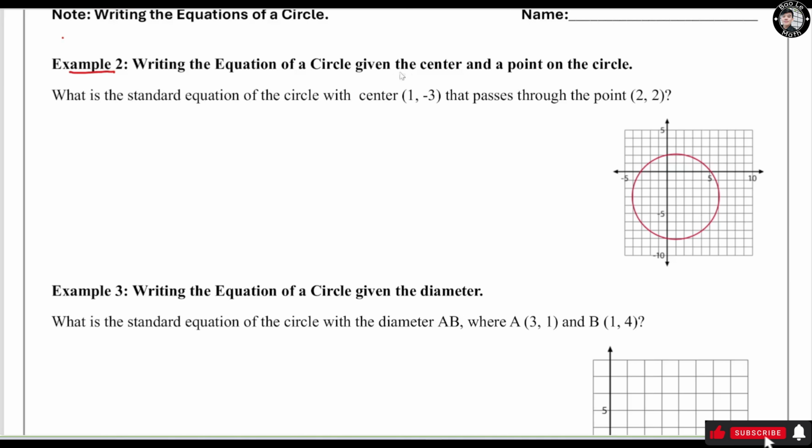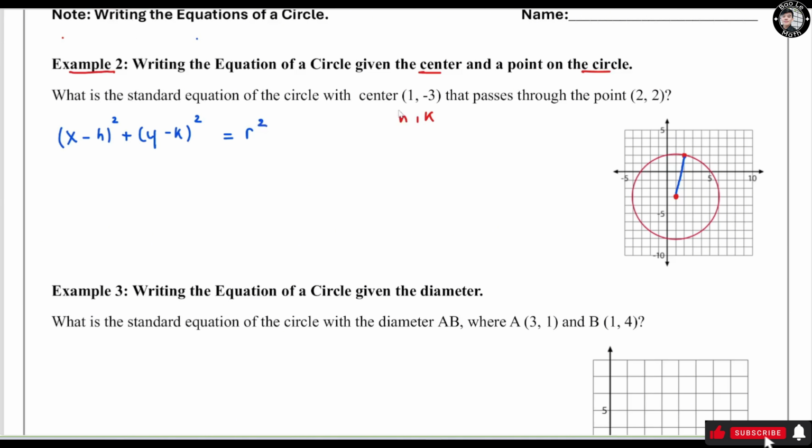Write the equation of the circle given the center and a point on the circle. Now the center is going to be h and k, 1, -3, which is right here, and it passes through the point 2 and 2. So x equals 2 and y equals 2 is going to be right here. So we're going to use the formula x minus h altogether squared plus y minus k altogether squared equals radius squared.